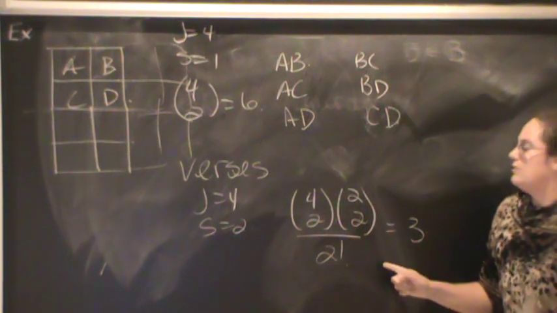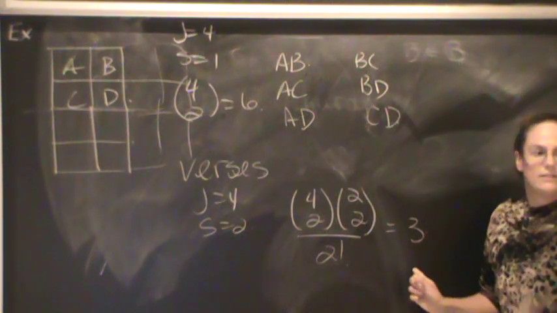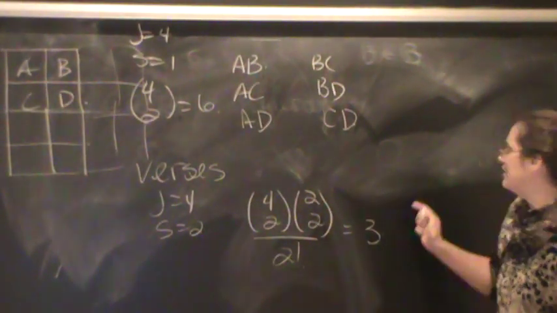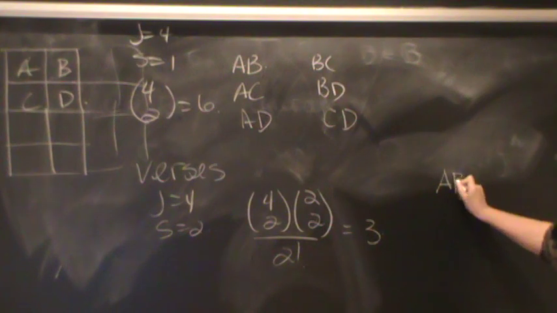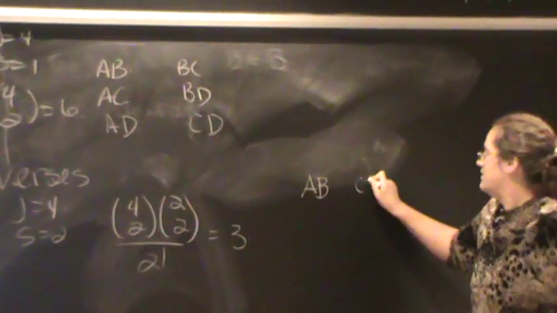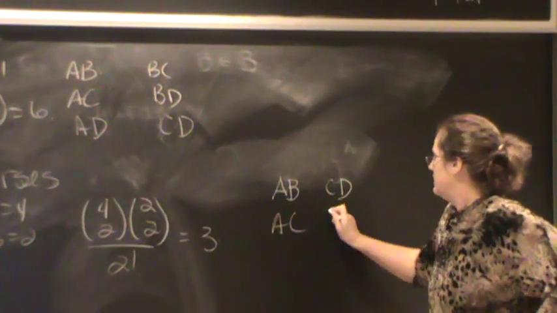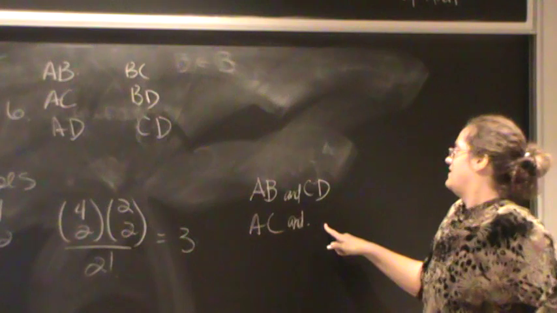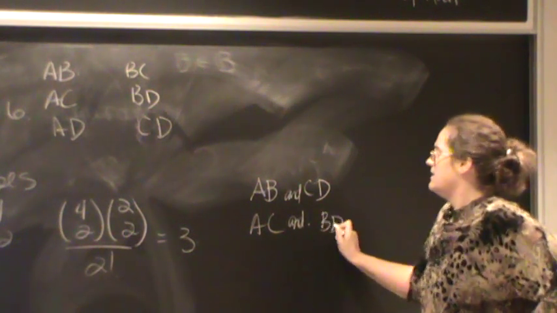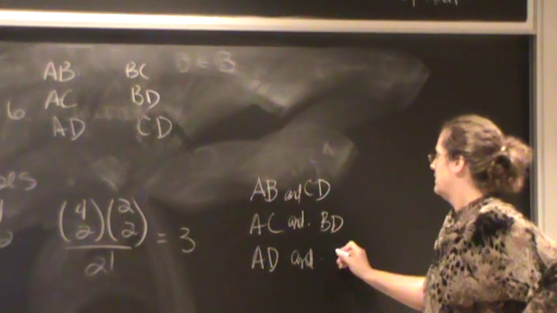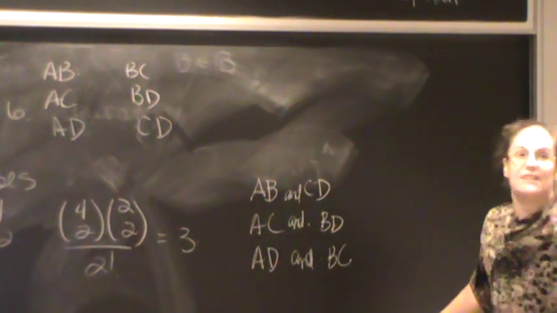Now, when you have 2 interchange pairs, you can only get 3 because once you pick the A, you're basically done with what's remaining. AB goes to CD, AC goes to BD, and AB and BC. Because these have to appear in conjunction, they appear in pairs.